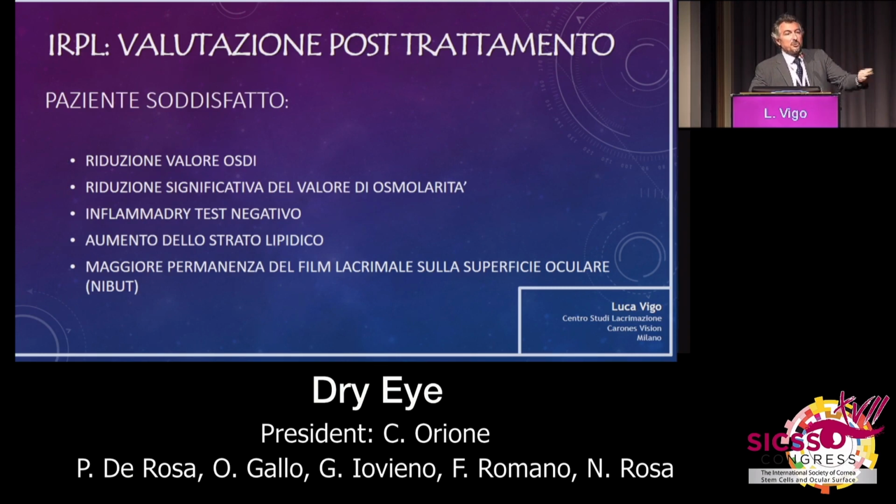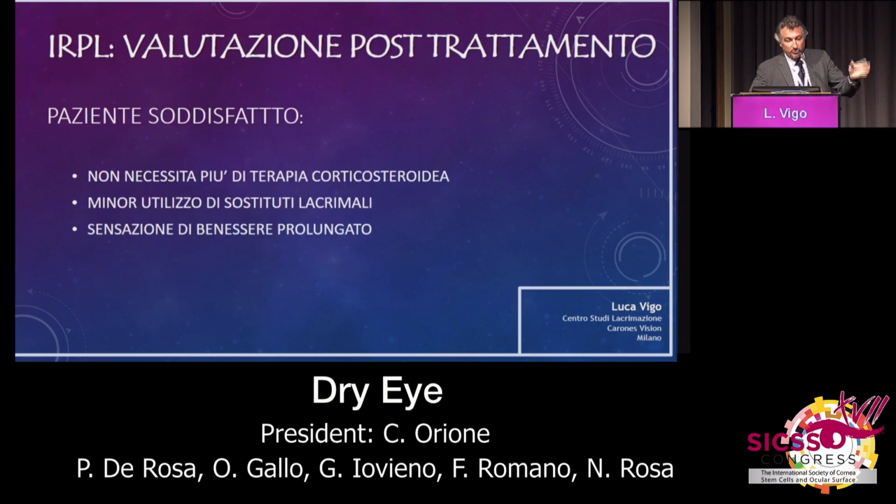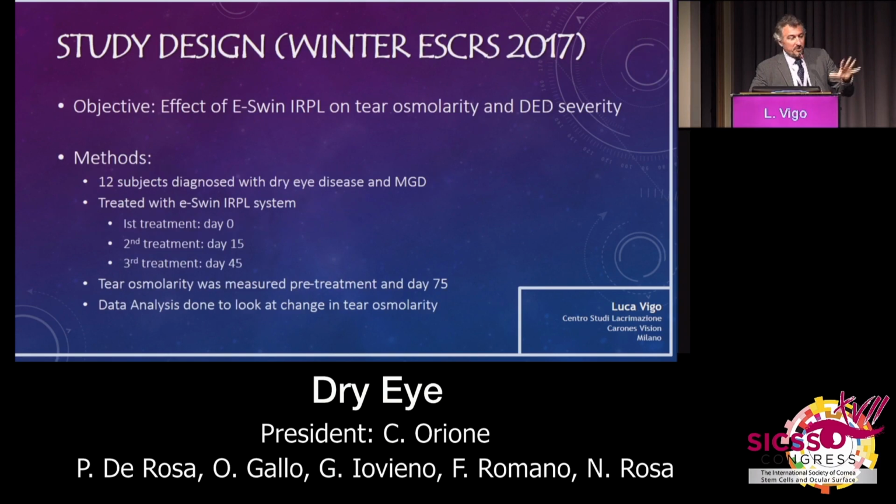So a happy patient is a patient who received a benefit from all these exams. So reduction of the OCDI value, a significant reduction of osmolarity, inflammatory test became negative, and higher value of the NIBUT.